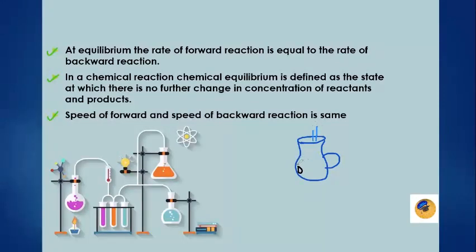There's already some water in the jug, some water is being poured in, and some water is leaking out. Let's assume more water is being poured into the jug than is leaking out. What will happen to the level of water in the jug? It will increase, because more water is going in than leaking out.